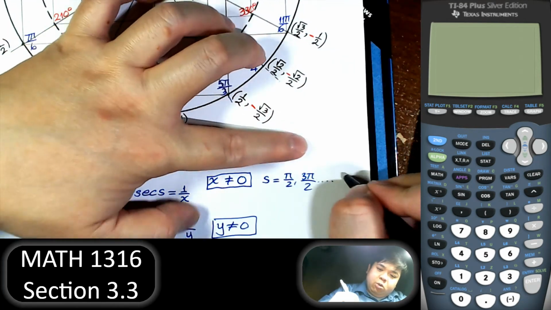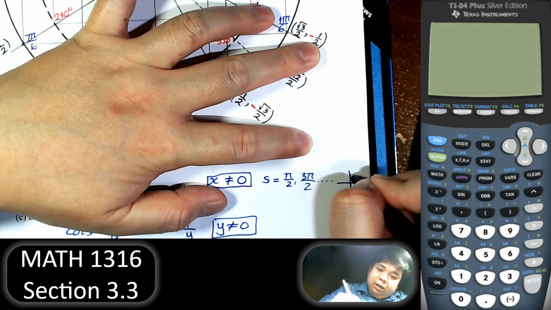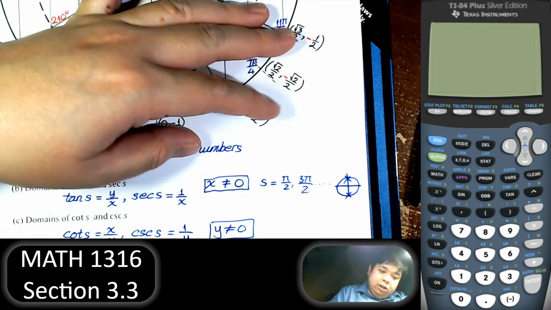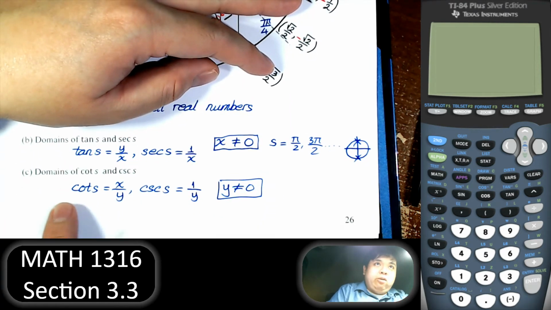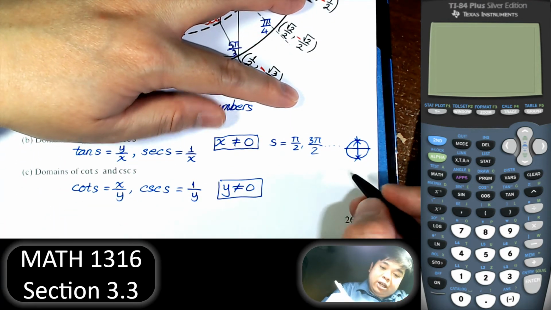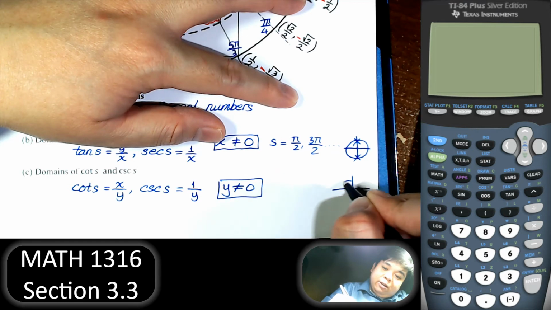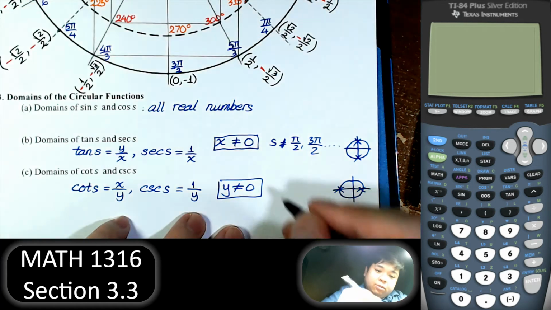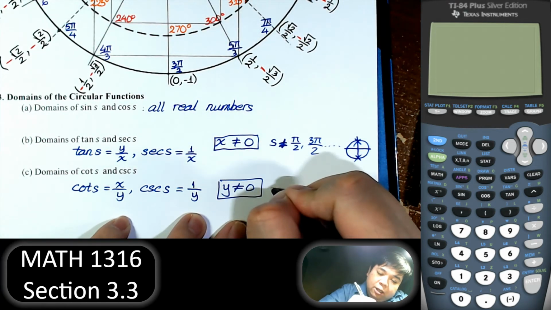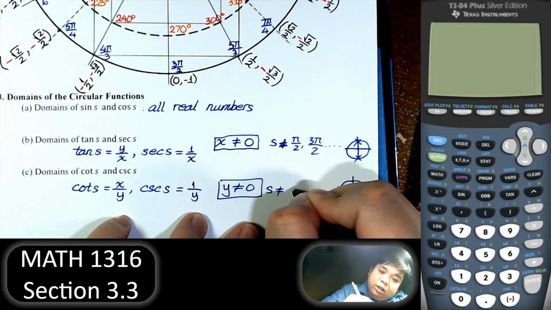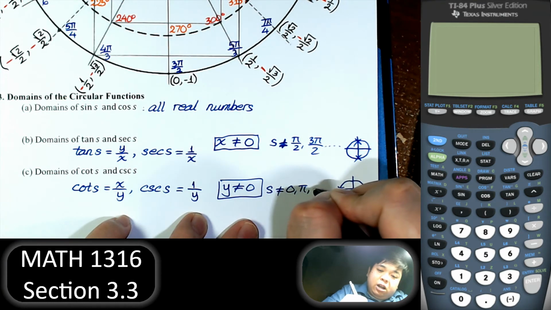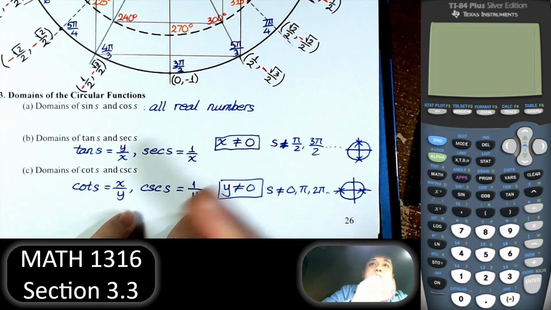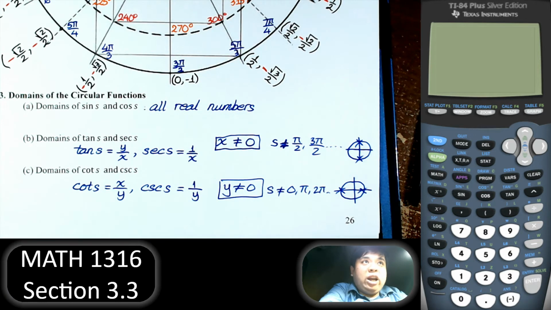In this case, we cannot have these 2 points for tangent and secant. For cotangent and cosecant, we cannot have these 2 points. So the angle cannot be equal to 0, pi, 2 pi, pretty much any multiple of pi. We cannot have that.